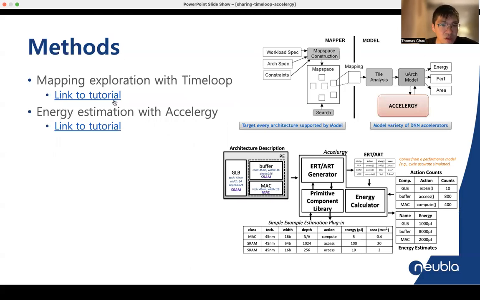So there are two papers involved in this approach. In the slides, there's a link to the tutorial that describes Timeloop and Accelergy. Timeloop is a tool to perform mapping exploration, and Accelergy is a tool to support Timeloop in providing energy estimation. We will go deeper into the details later.